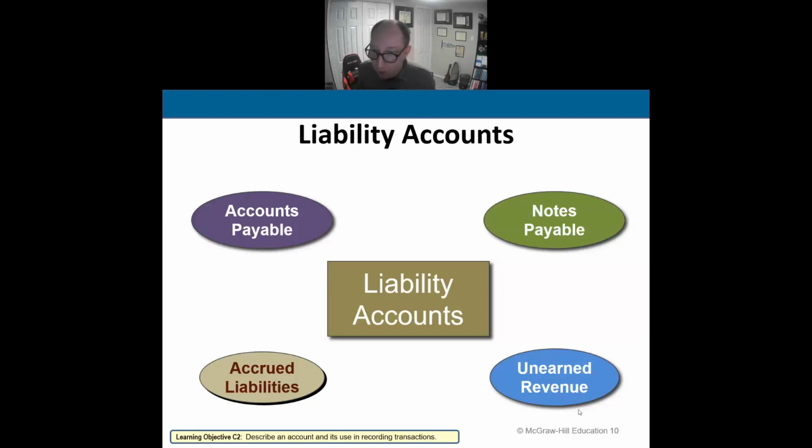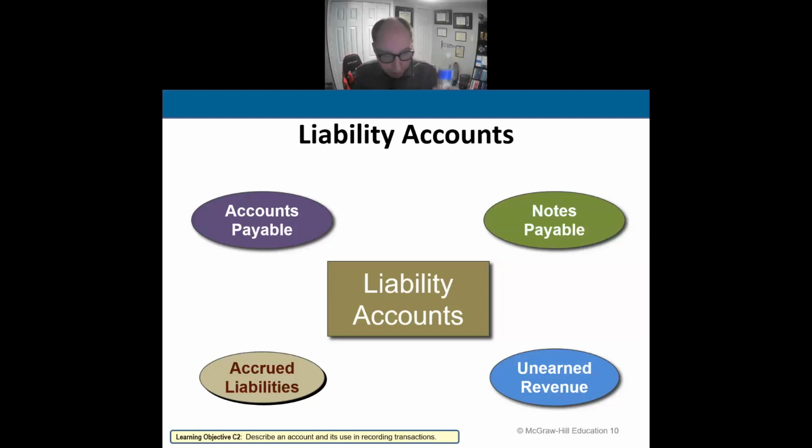One other type of liability we need to talk about is called unearned revenue. Here's the difference between earned revenue and unearned revenue. Revenue, as you know, is when the company sells something.